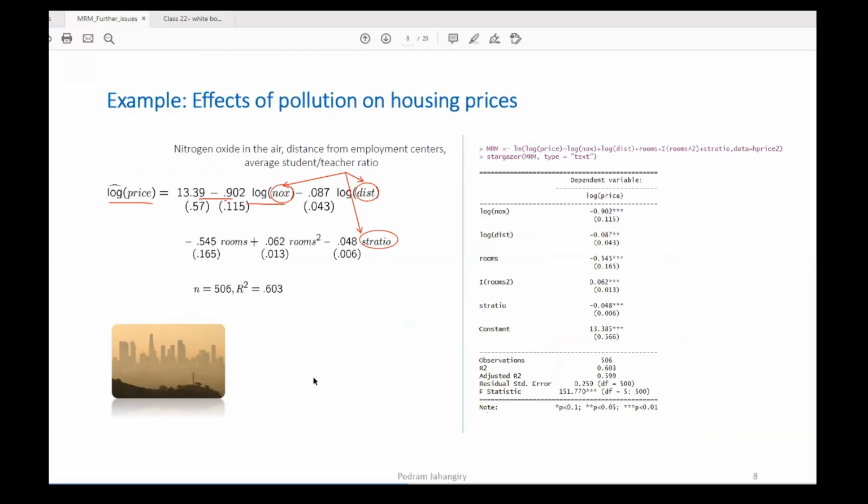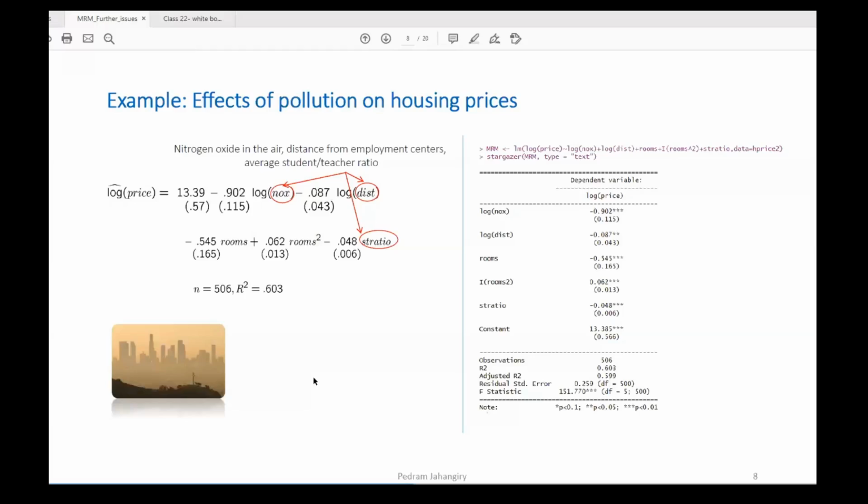Distance, this is a student ratio, but anyways, distance from employment center, if you're further from the employment center, maybe the price is lower, so that's why we see a negative sign. And finally, average students per teacher ratio. If a student per teacher ratio is high, it means that we have fewer teachers per student, so maybe it's in a lower quality neighborhood, so we expect to see a negative sign here as well, right? But anyways, these are the controlling variables that you're putting in the model.